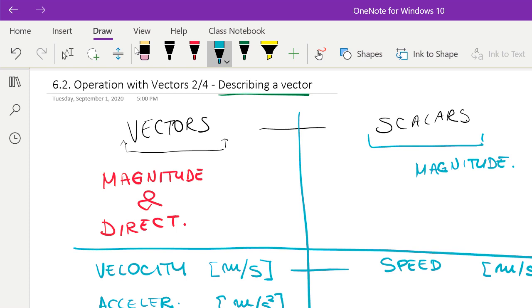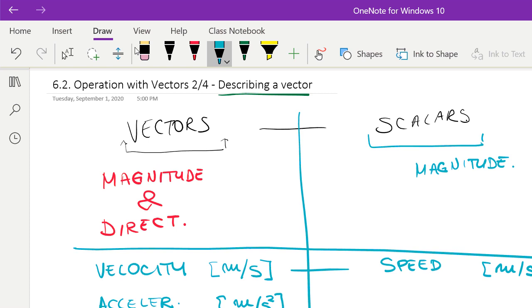There are more vector quantities that we will talk about, especially in the second part of the second unit of Physics 20, and those are forces. And the units for force are newtons, and then we will have field strength.